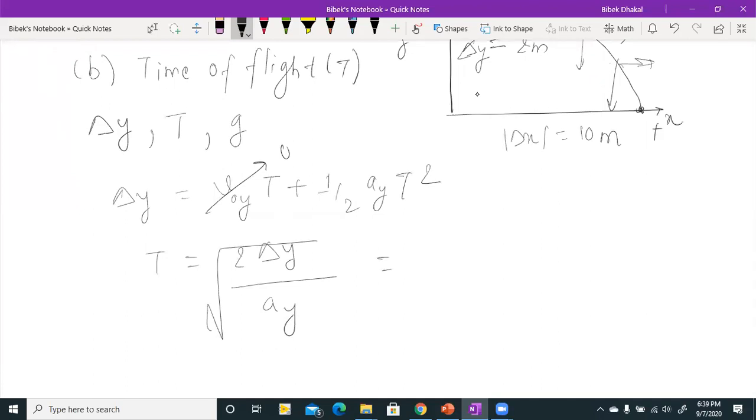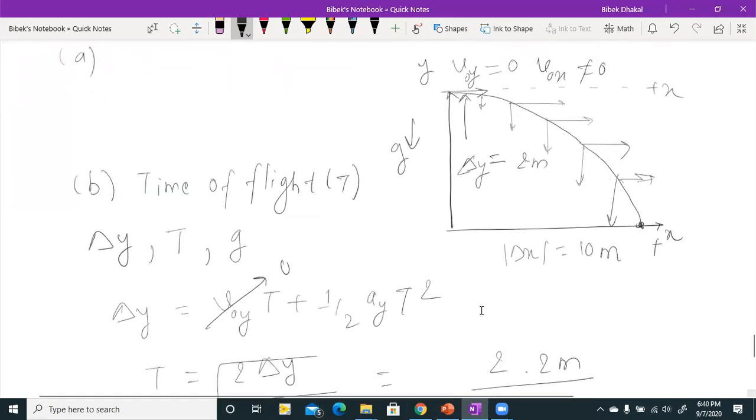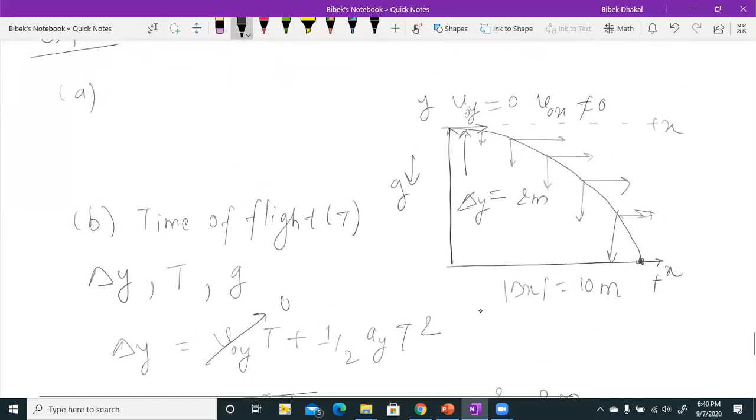So that's 2 times, your delta y is 2 meters, and your g, in this case we'll take g as positive. Why is it positive? Last time, in the case of the vertical projectile, the projectile was going up and g was acting downward, so we took negative g.